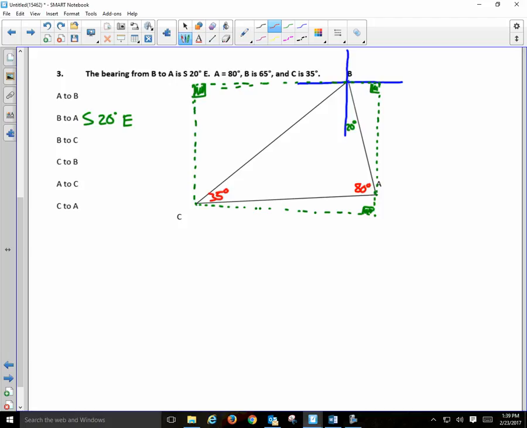65 minus 20 is 45. So somebody help me out here. Right here, which is 45.